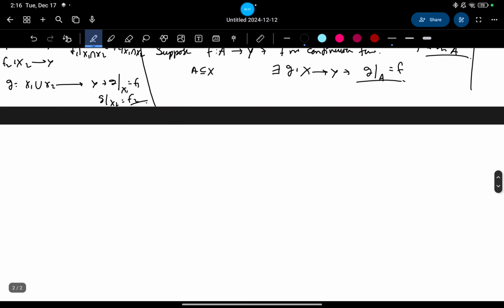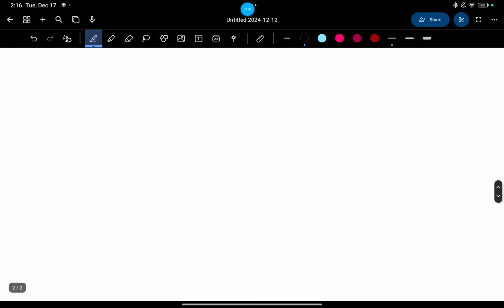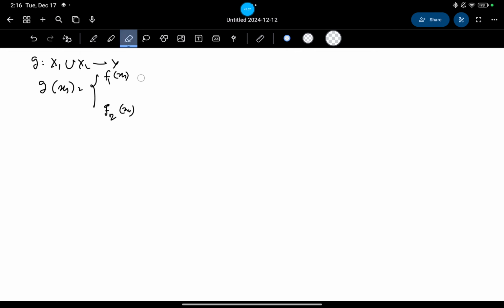So let me write it more precisely. Suppose g is a mapping from X1 union X2 to Y, then g of x maps to f1 of x for x in X1 and to f2 of x for x in X2. Let's consider x in general.